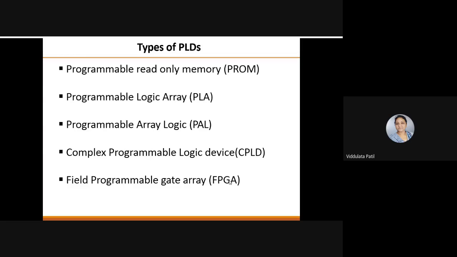But when we learn about PROM, PLA and PAL, you will get a basic idea of what is meant by PLDs and how they are programmed. After that we will go for CPLDs and FPGA, and then learn about the different types of commercially available devices, some devices that are available in the market.